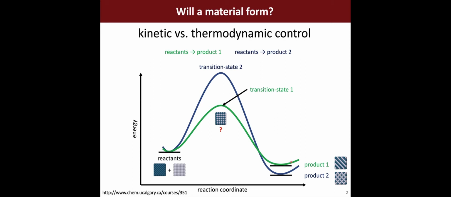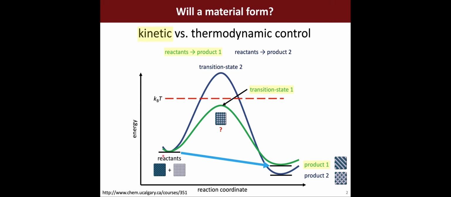Okay. So if we look at the kinetic domain or the kinetic control, we understand that the reaction is occurring at some sort of temperature. So there's an energy under which the reaction is occurring. Above this energy, the reactants cannot reach because there's not enough energy in the system.